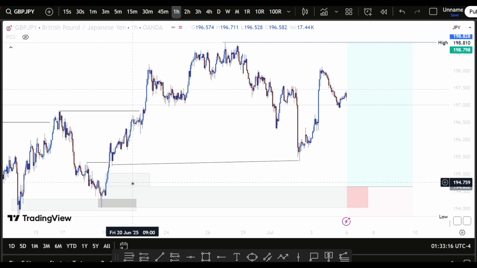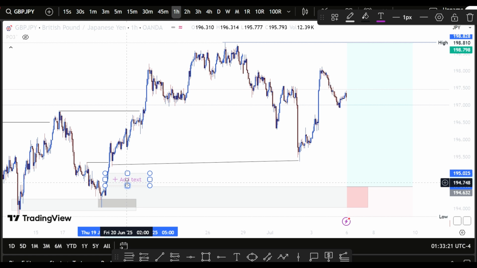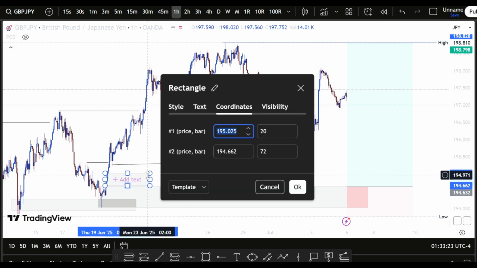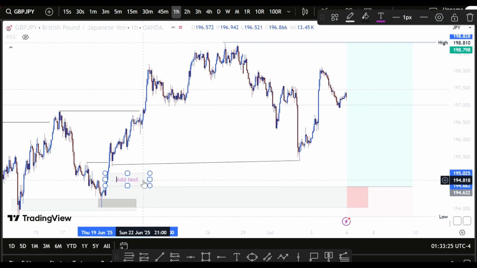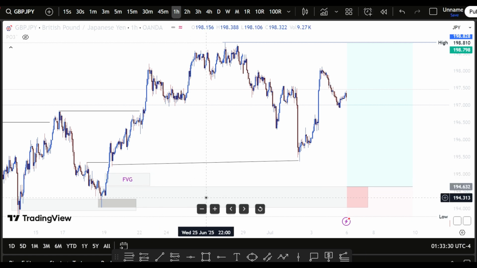Let me just quickly define all these points so we know what we are talking about. Here we have a fair value gap here. This is our point of interest.